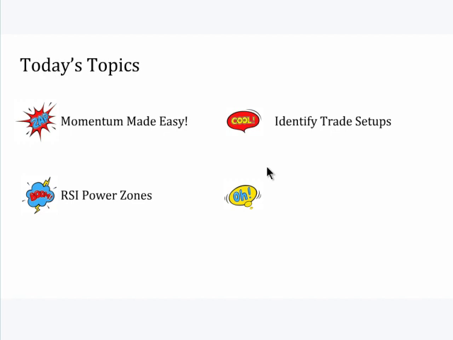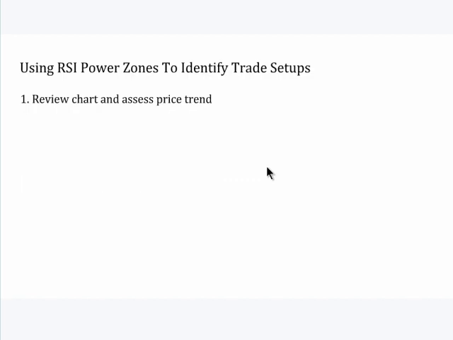But first, the steps. So this is a slide where at the end we're going to have 3 main steps, and then we're going to look at the real-life examples of them. So the first step is to review the chart and assess the price trend. Now here you might think, hey, Hima, all this time you've been talking about momentum, and now you're talking about price again. Yeah, because price is the most important thing in your chart.